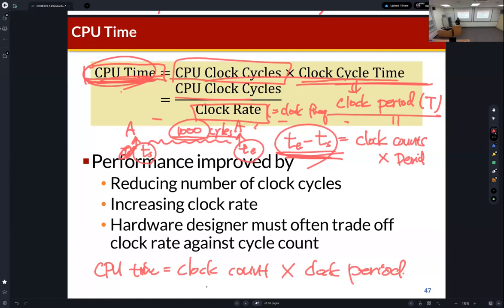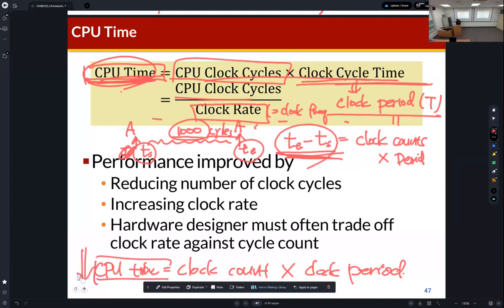We want to improve the performance of the CPU. How? Firstly, we need to decide whether to increase or decrease the CPU time. CPU time needs to be decreased, obviously. Then how?